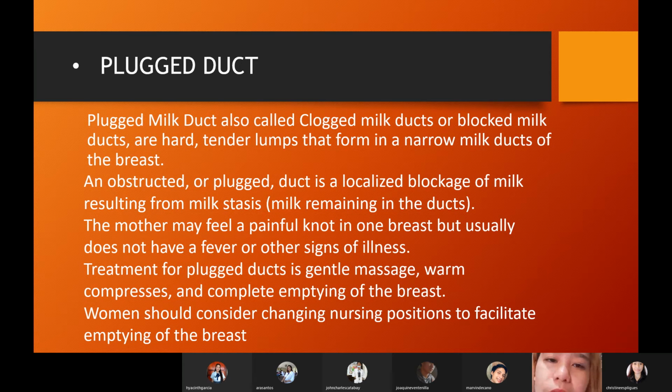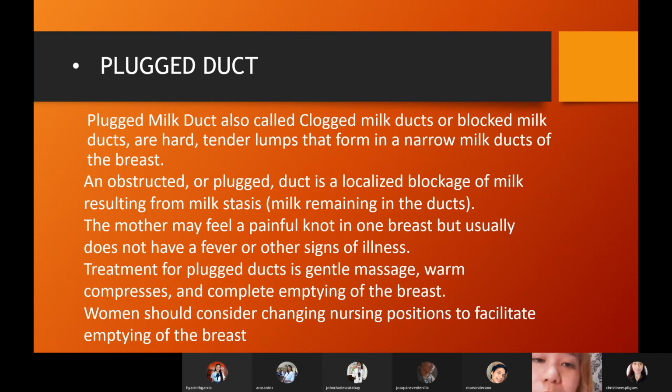As a result, the mother will feel pain in her breast, but this may not come with signs of illness. Then the treatment for plugged duct is gentle massage. So it is very helpful to massage their breast to prevent those problems.